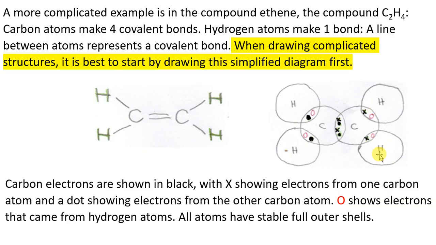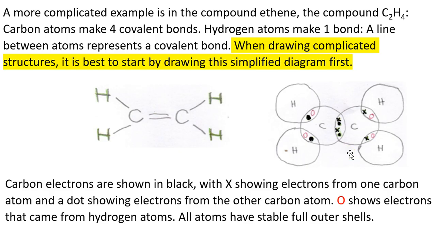1 red electron in each of the 4 bonds between carbon and hydrogen. In the middle, the carbon atom on the left has black dots to represent its electrons. The carbon atom on the right has black crosses. My first diagram, my simplified diagram, showed 2 bonds. 2 bonds means 2 pairs of electrons, which means 4.